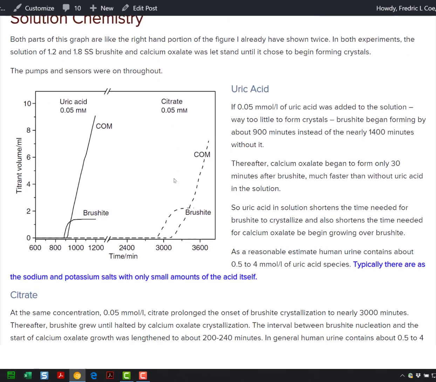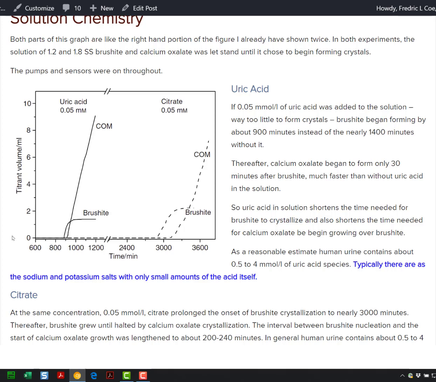This last set of experiments is just luscious. Here, the investigators have added a very tiny concentration of uric acid to the reaction vessel. The urine contains 0.5 to 4 millimole. They added a tenth of that. What did they do? They had the system running. What's the system?